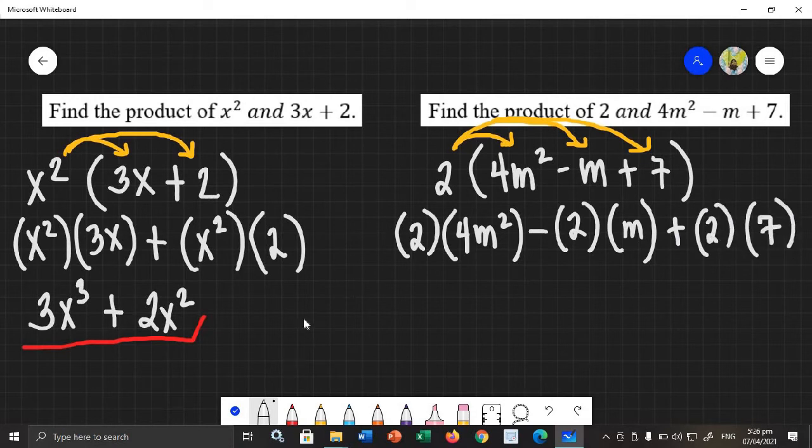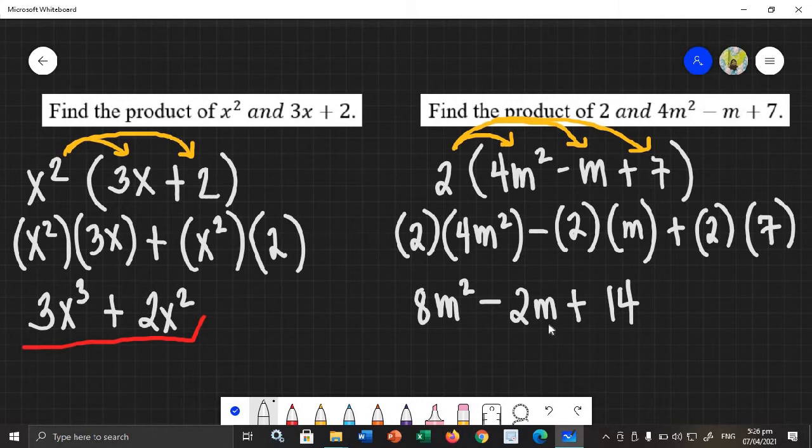And then multiply natin individually. So 2 times 4m squared, 2 times 4, the answer is 8, and then copy natin yung variable. Basically, yung coefficient and yung constant yung minultiply natin and kinopy lang natin si m squared. And then minus 2 times m, the answer is 2m. Just combine them. Plus 2 times 7, the answer is 14.